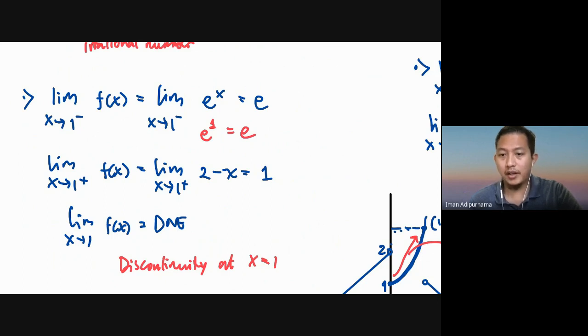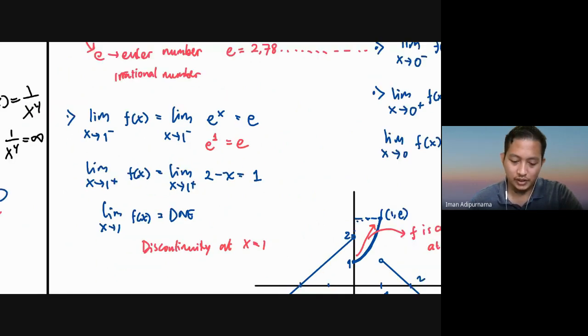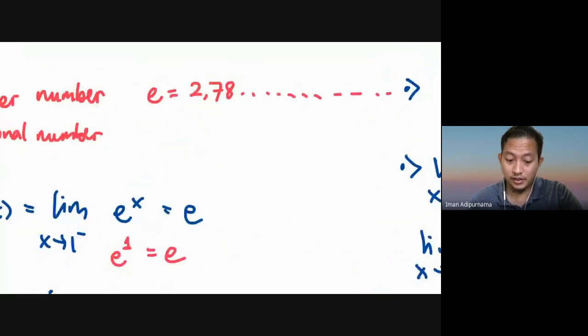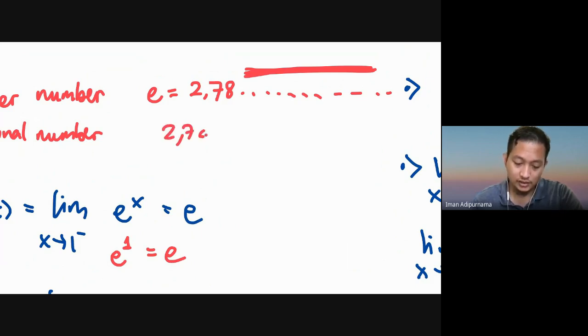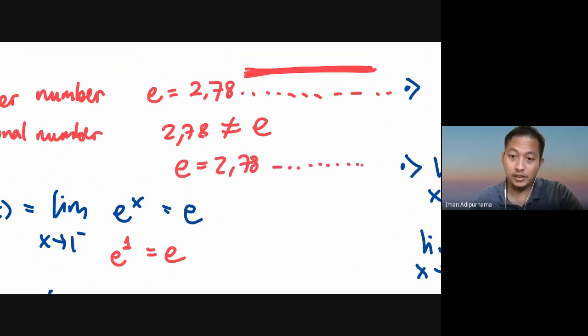Yes, just like pi. That's why it's called an irrational number, okay? Because of the decimals here. This is not the same as e. e has a lot of decimals here.